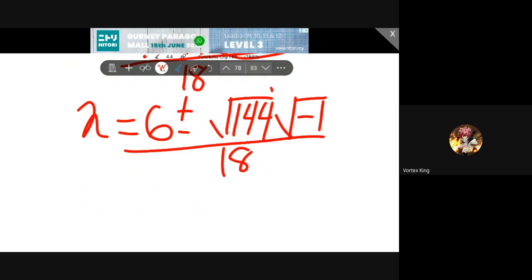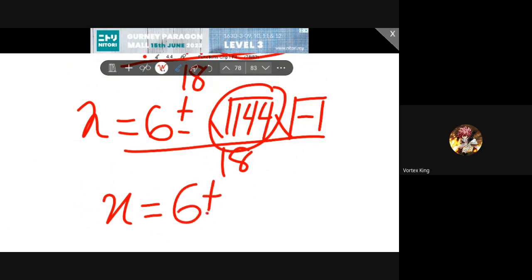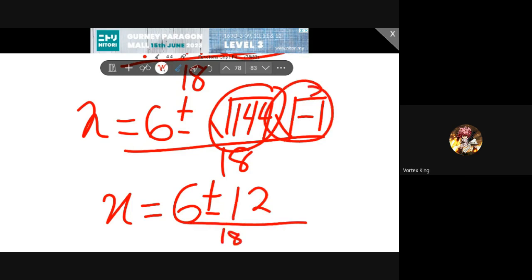Okay, so try pressing the square root of 144, what do you get? The number is familiar, right? Square root of 144 gives a whole number. Yes, correct. 12 over 18. Now I want to ask, what do I do with the square root of negative 1? Yeah, you have to practice this type of question.